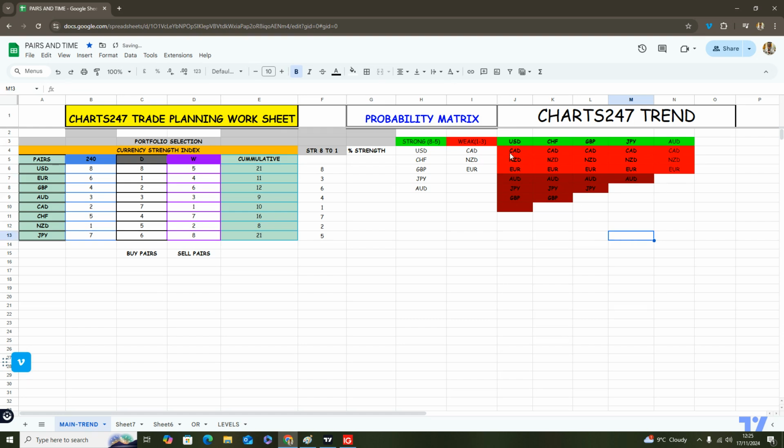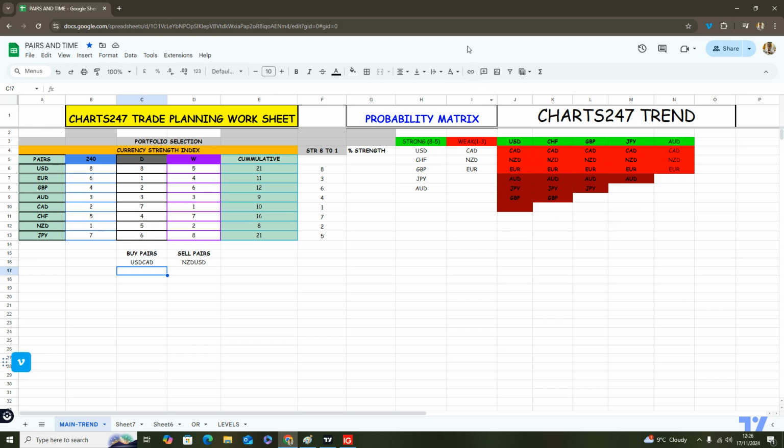So that gives us the buy pairs as the USD CAD and the sell pair as the NZD USD. We get the gist of what I'm doing here. So we are putting them into pairs. These are the strong pairs. You want to trade them against these ones.